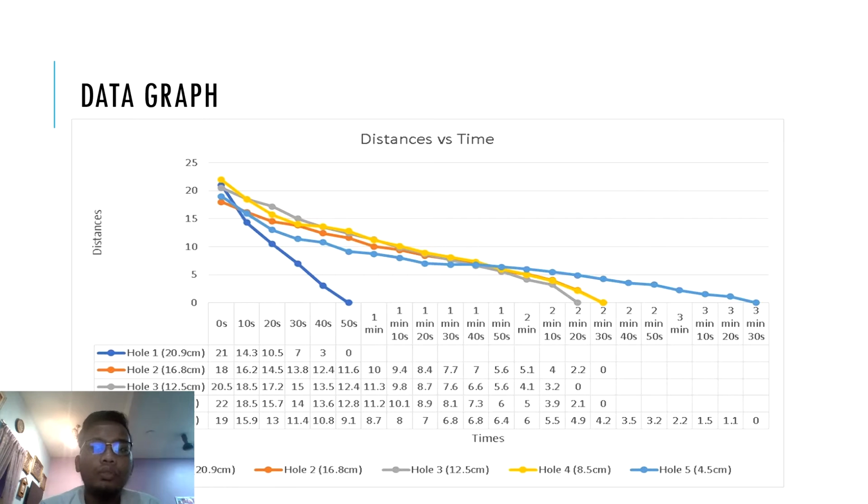We can also see that the longest time taken for the water to flow out is hole 5, because it is the lowest height, that is 4.5 centimeter. It takes about 3 minutes 20 seconds to stop flowing out from the bottle.